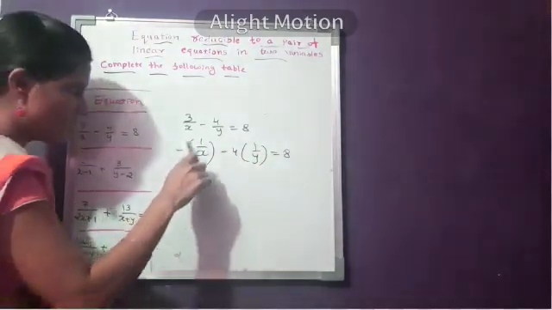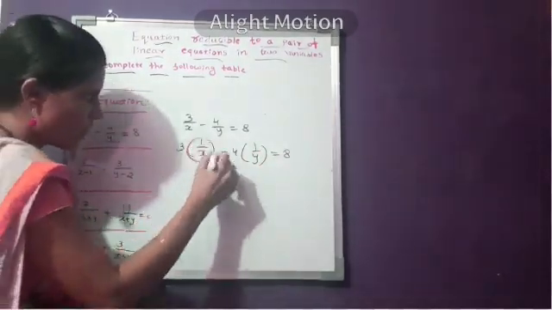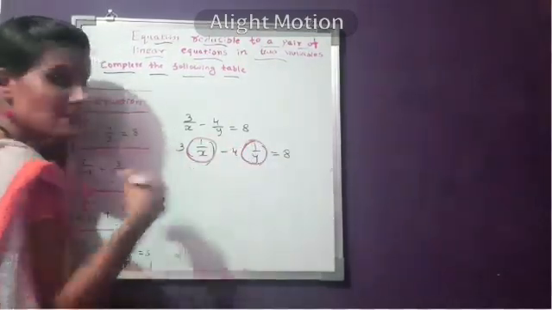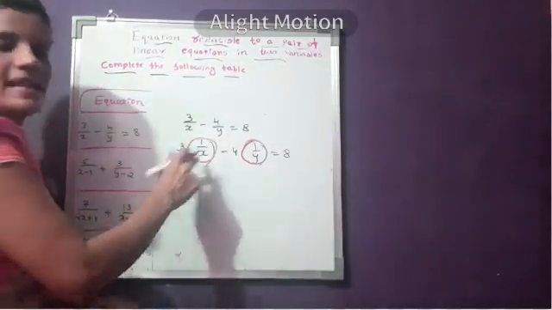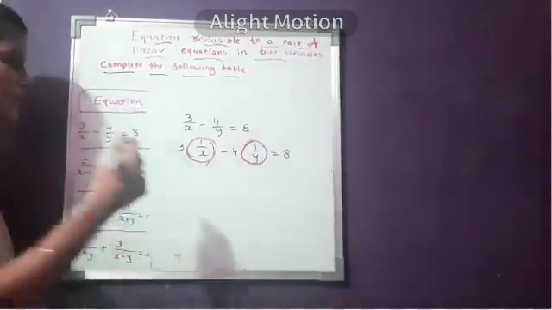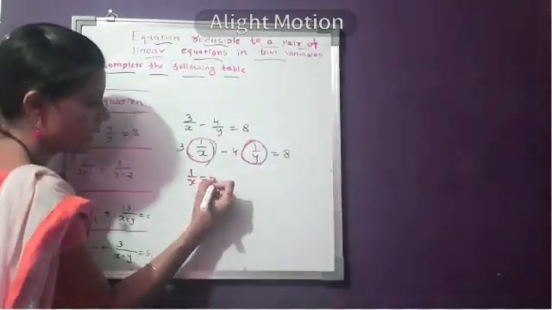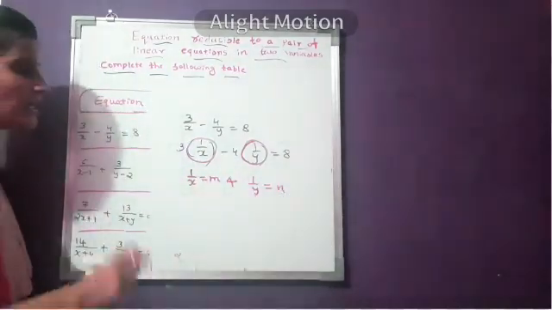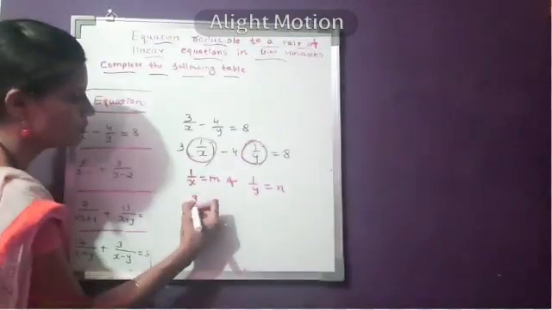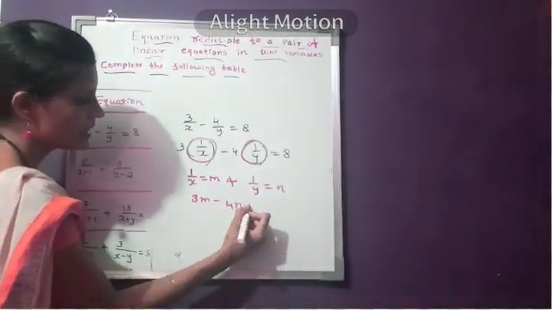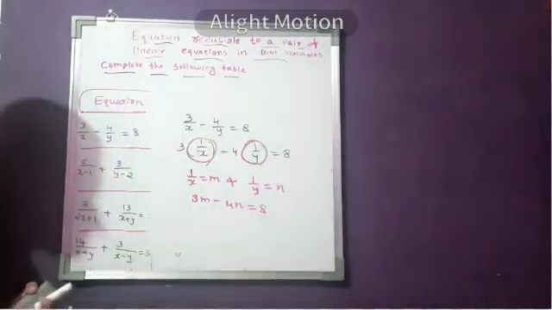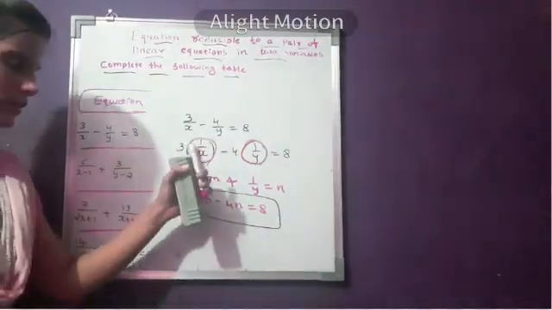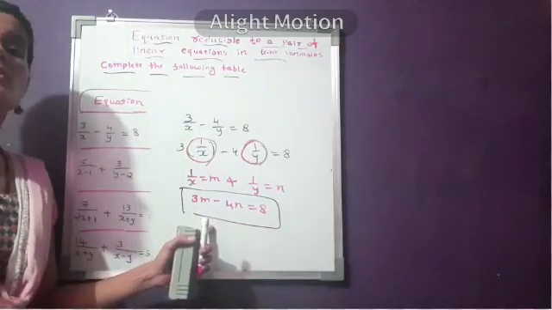Let's substitute this 1 upon x and 1 upon y by some other variables. Suppose 1 upon x is equal to m and 1 upon y is equal to n. Your equation changes into 3m minus 4n is equal to 8, which is nothing but a linear form. Hence you can reduce it into a linear form.